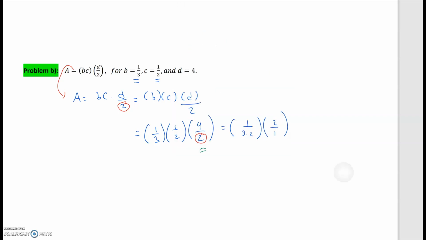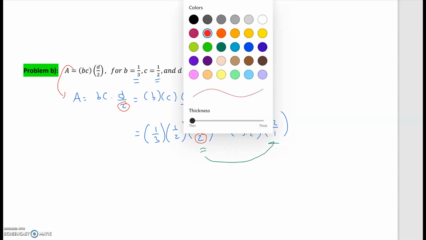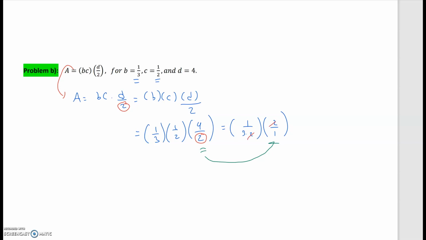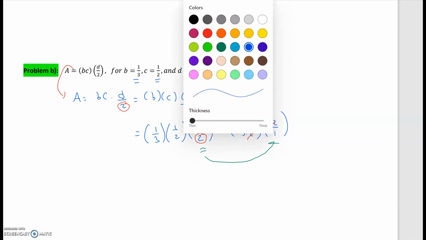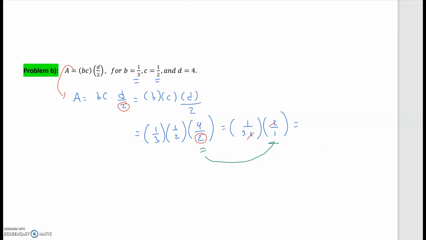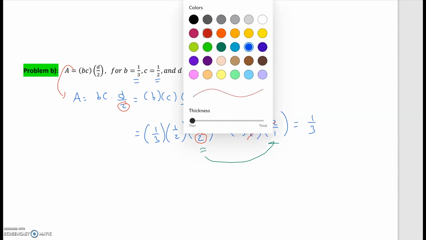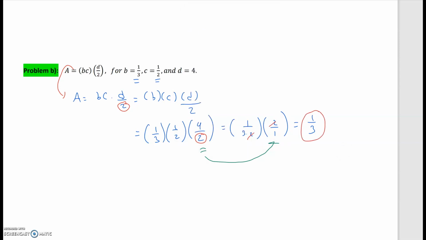So that refers to this portion here. And then at this point, let me cancel the fractions. This particular one happens to reduce the 2's, and we're left with 1/3. This is our final answer.